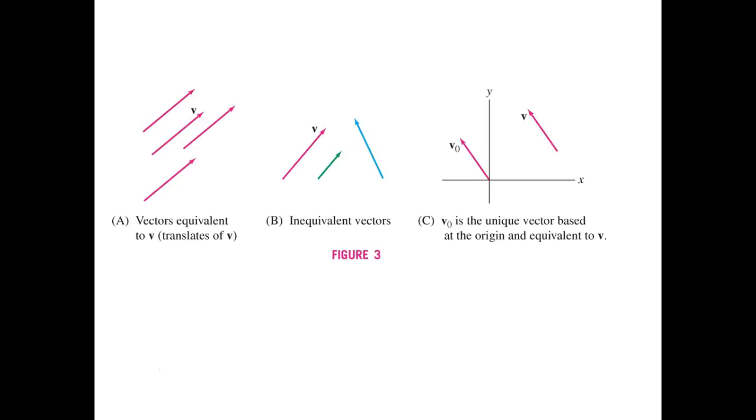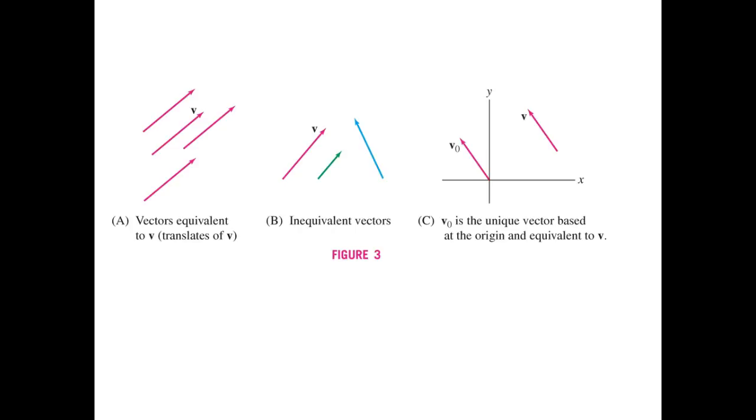To V, in A, or in the same direction, same magnitude, exactly. How about V here? Green vector is parallel, not the same magnitude. I'm not even sure blue is. That might be the same magnitude, but definitely different direction. So they're not equivalent, okay?